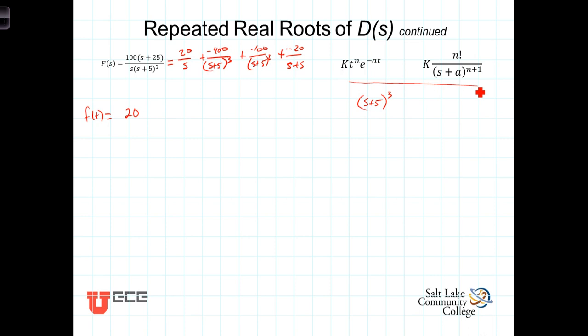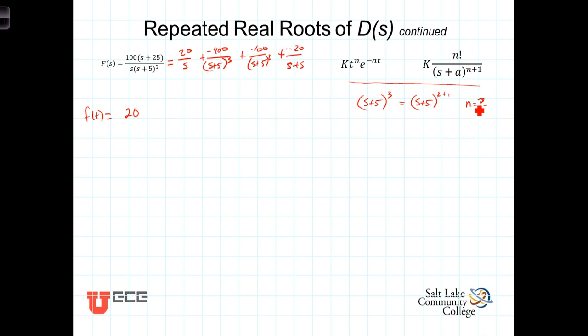So this tells us that this is really s plus 5 to the 2 plus 1, so n equals 2. Sorry, I said n equals 1 at first, but n equals 2 here. And we can rewrite this term, the negative 400 over s plus 5 cubed.